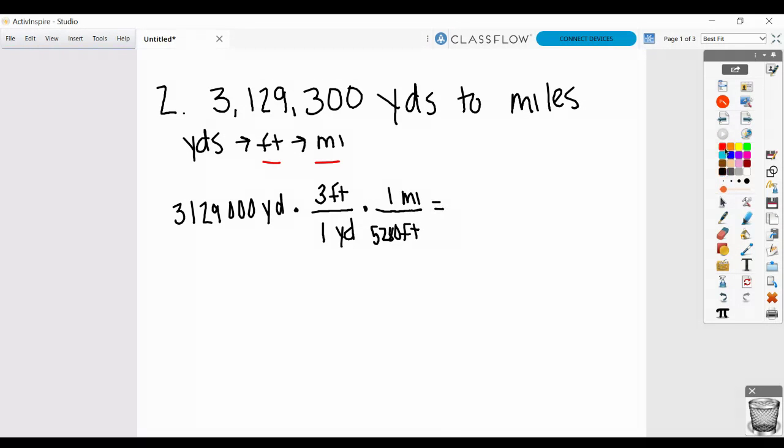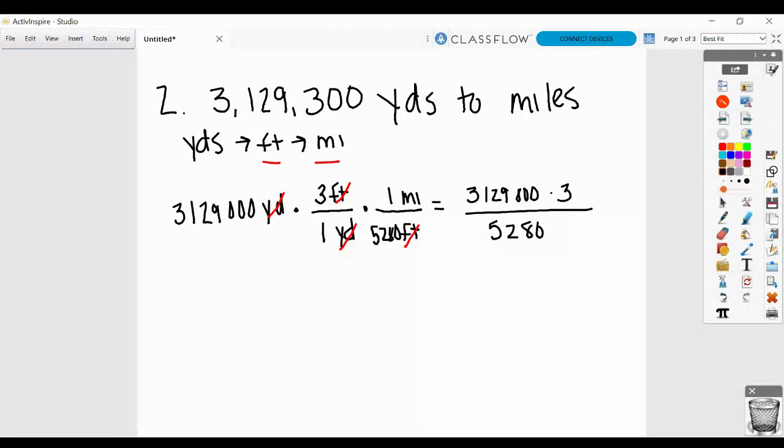So now what you have is your yards canceling, your feet canceling, and you're left with your miles. So you're going to take the 3,129,000 times 3 and divide it by 5,280.